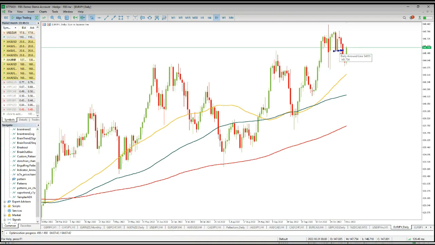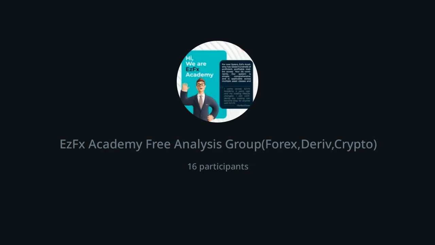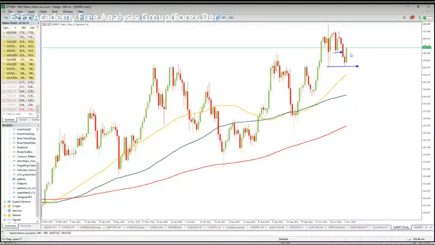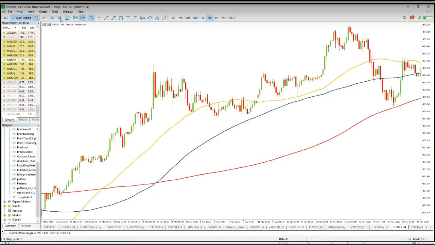Interesting break of structure. Equal lows created, which means that there's quite some reason for price to want to come lower to take out that liquidity.